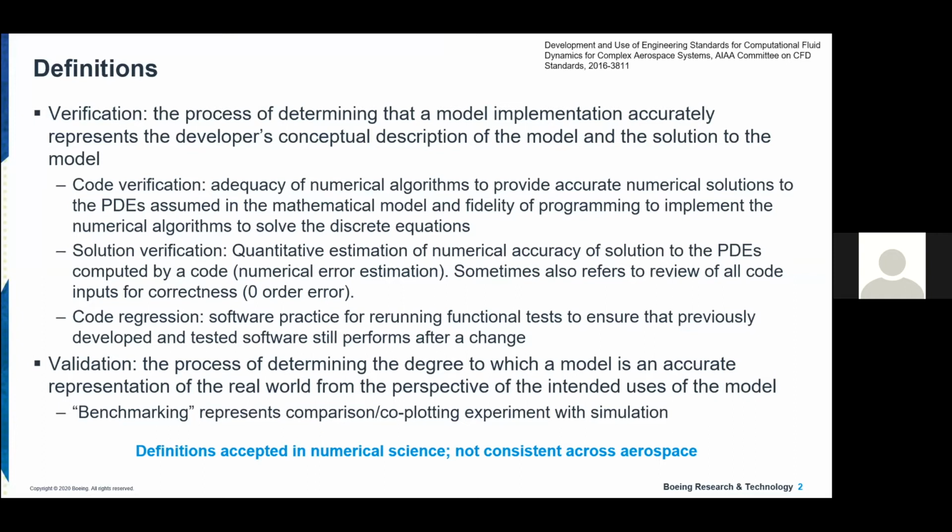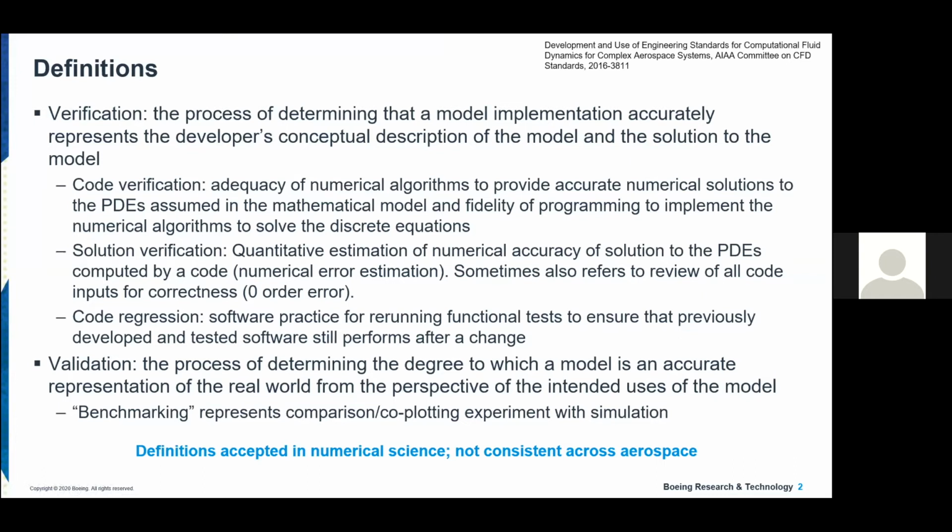that your numerical solution is also correct. And I've split that out into three categories, somewhat following the AIAA updated standard that was published as a technical paper, this 2016 3811, and is still working its way through the standards process.